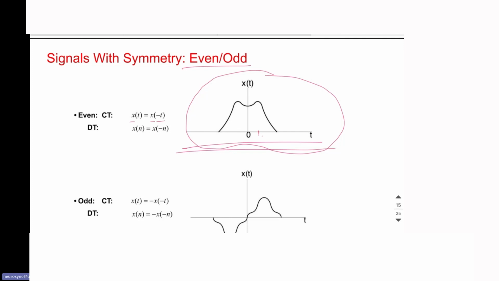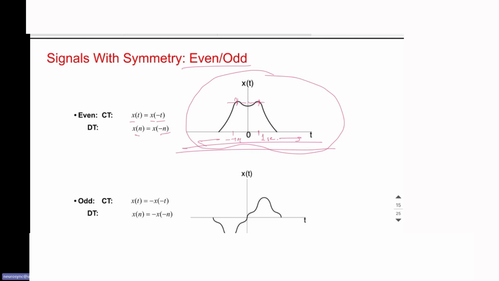Suppose I take time of 1 second and time of minus 1 second. You can see the same amplitude value on both the right hand side and the left hand side, x of minus t. If you get that, then this is an even signal. It is the same in the discrete form: x of n is equal to x of minus n, then the signal is an even signal.